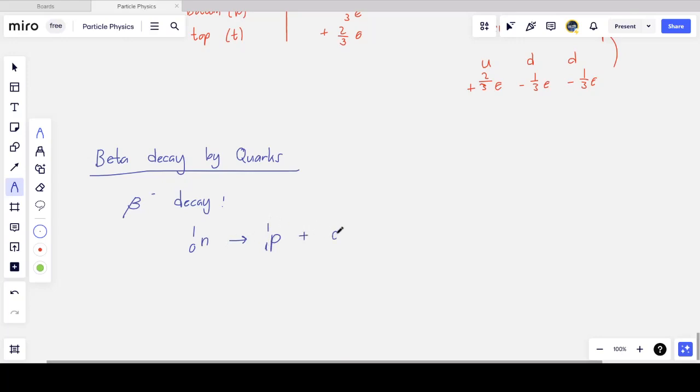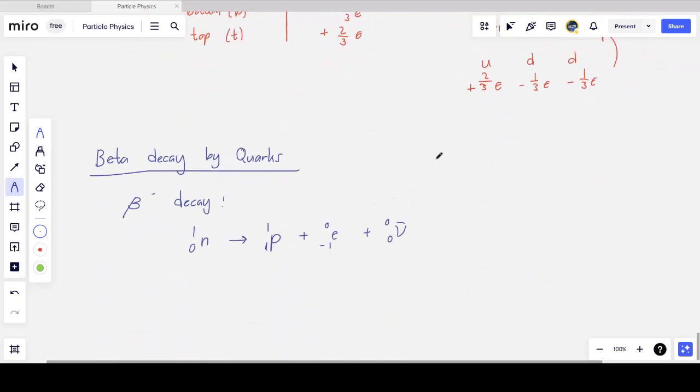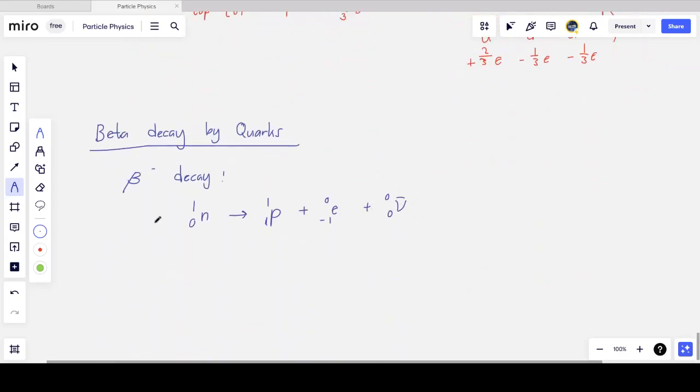We have to conserve the numbers on both sides, so that's plus an electron, plus a beta particle, a negative beta particle, plus an antineutrino. For antiparticles, we use a line on top of the symbol for the particle, as I did for the up and down quarks, just a horizontal line above the symbol for the particle.